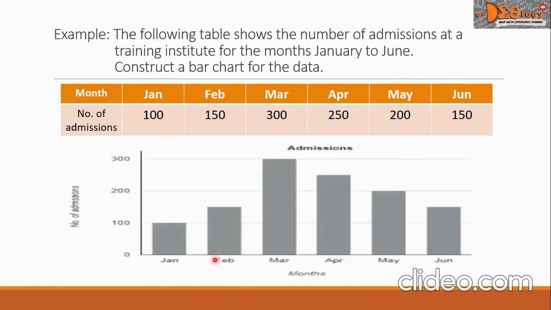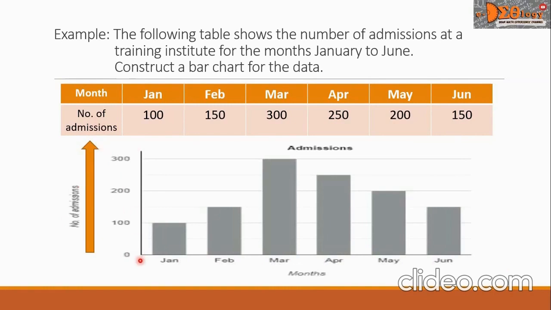Here is the bar chart corresponding to the given problem above. Take note that this is our horizontal line, and the category month is listed in here. Also, this is our vertical line here, and the number of admissions or frequency is assigned here.